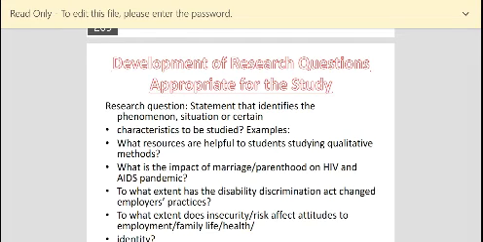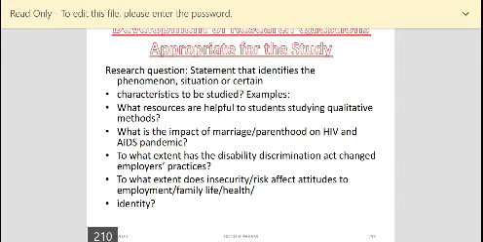Or what is the impact of marriage, parenthood on HIV and AIDS pandemic? Or to what extent has the Disability Discrimination Act changed employers' practices? Or to what extent does insecurity risk affect attitudes to employment, family life, health, identity?